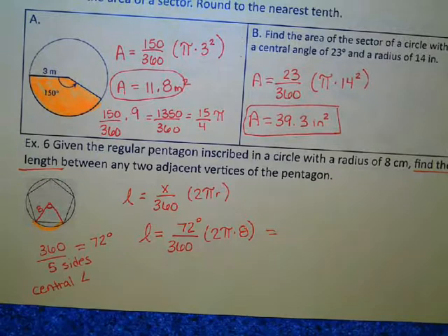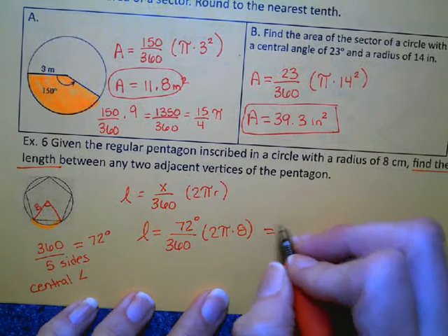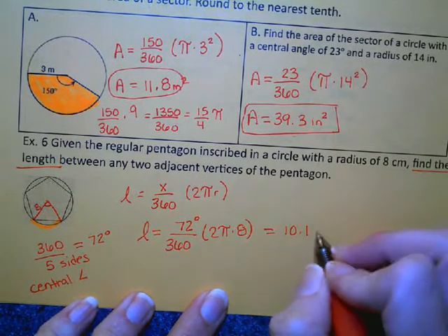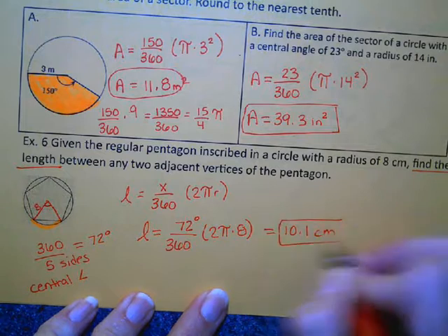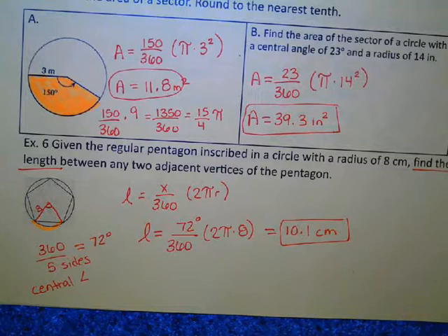Arc length formula. They want you to find the arc length. I have about 10.05 or 10.1. Length is just in centimeters. We don't square it because it's not area.